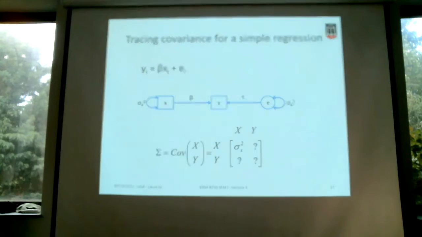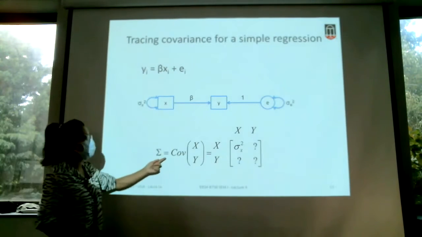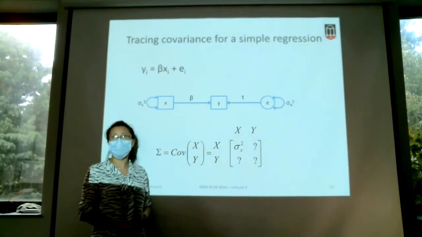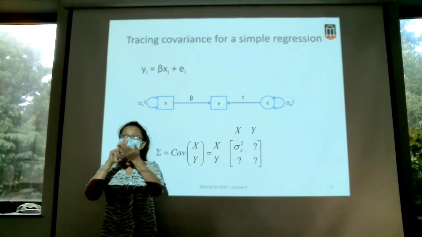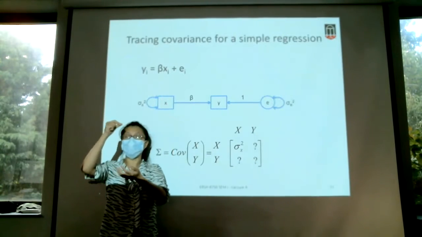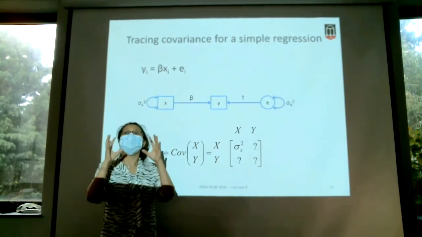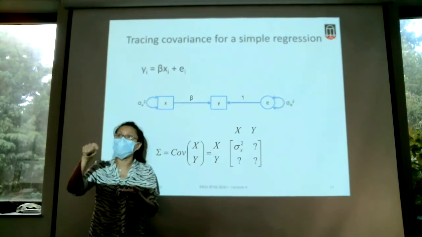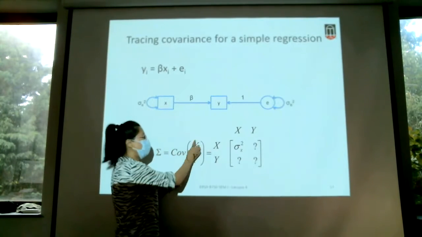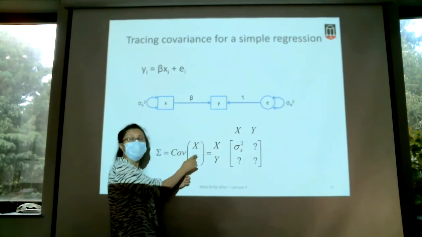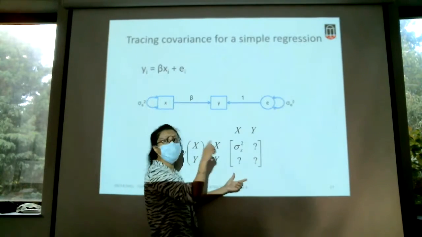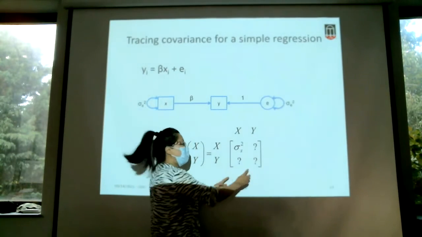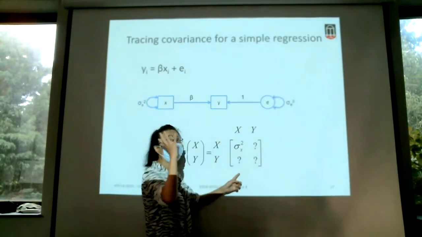Now, the question is: what is the covariance matrix between x and y? Here we have two observed variables, x and y, one independent variable and one dependent variable. What is the covariance matrix of this 2x1 vector? It's a 2x2 matrix, and you have to figure out the 4 elements.